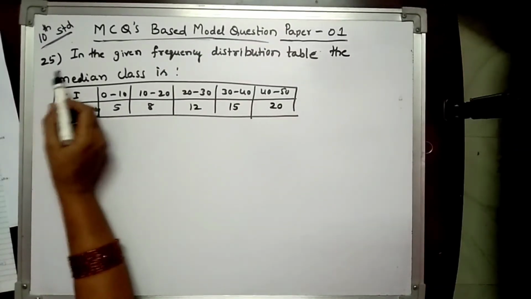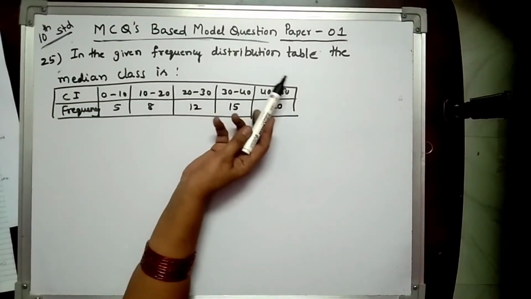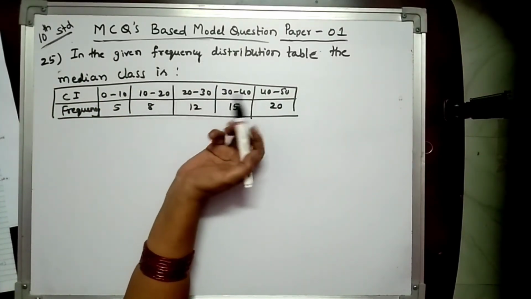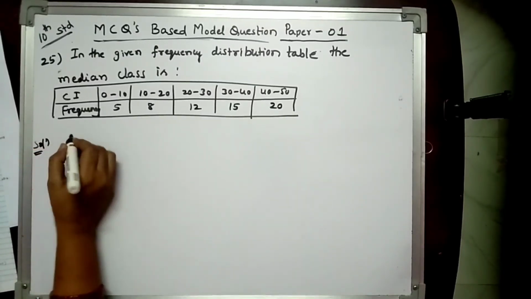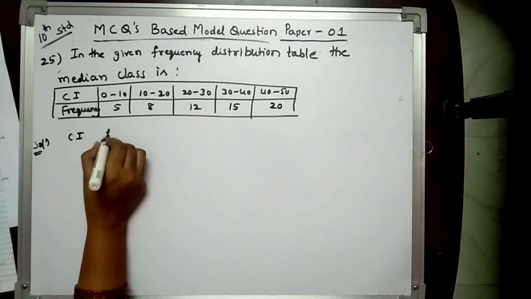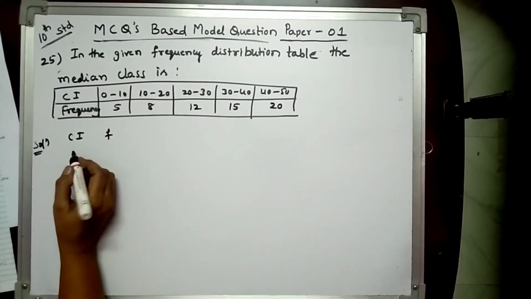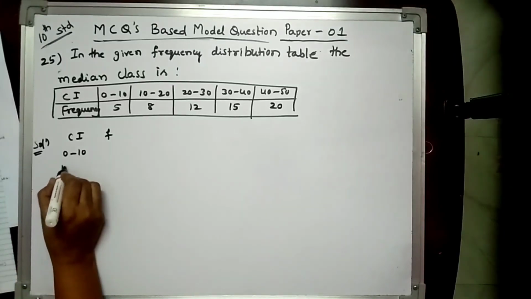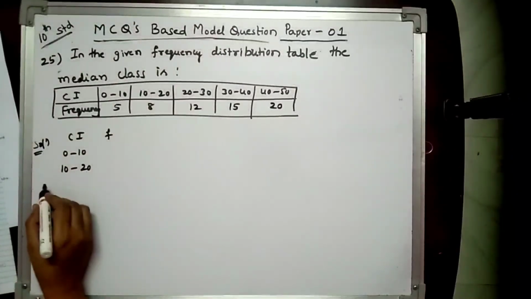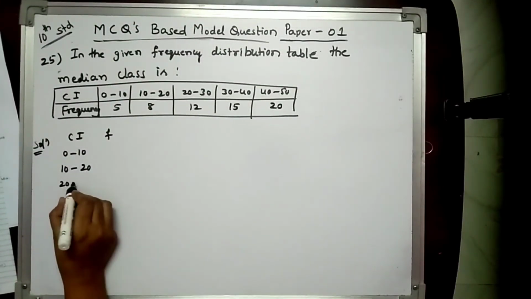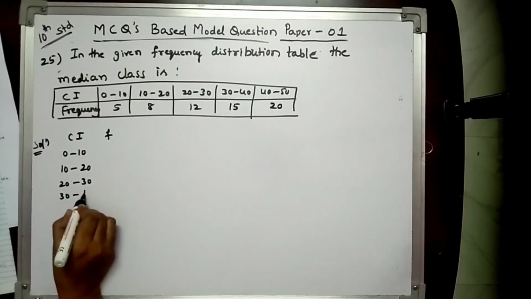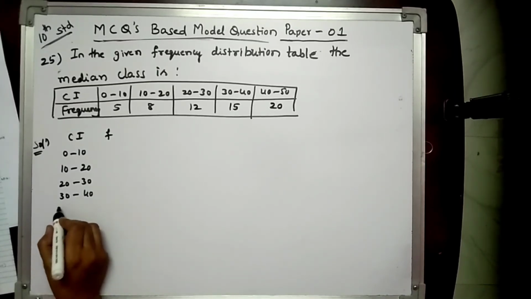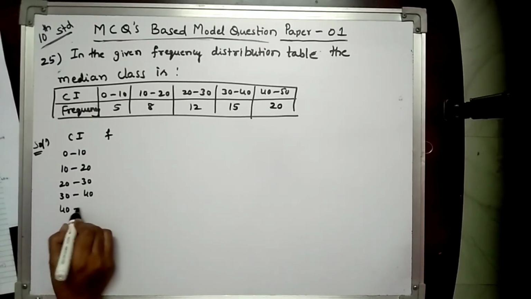Question number 25. In the given frequency distribution table, the median class is. Yes, first you draw this one, class interval and frequency. Class interval 0 to 10, 10 to 20, 30 to 40, 40 to 50.